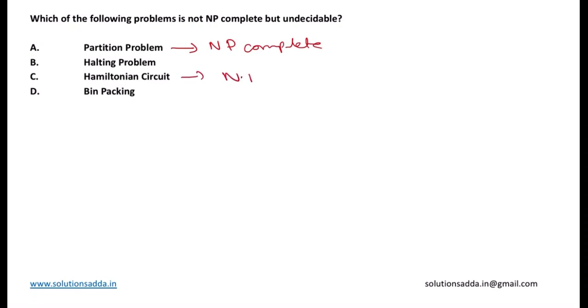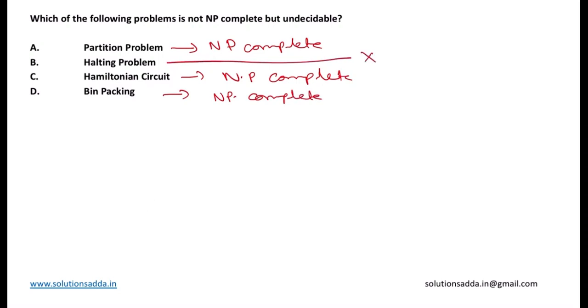Hamiltonian circuit is also NP complete. Bin packing is also NP complete. Halting problem is not NP complete. Rather, it is an NP hard problem. But it is undecidable also. And hence correct answer is option B.